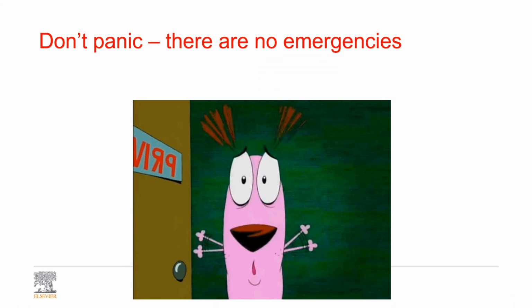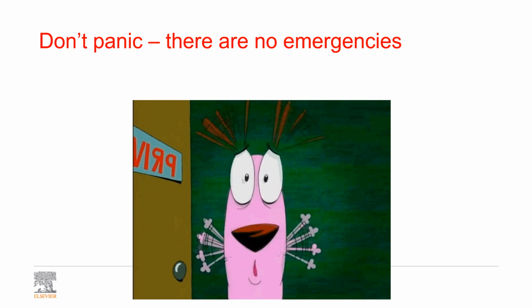My advice about academic editing, and I think that's generally what this is about, is don't panic at any stage in the process of being an academic editor. There are no emergencies in this. There's nothing that can't be fixed or undone, certainly before publication. Don't get into the habit of responding to other people's emergencies when they say, I have to have this paper for my thesis or for my promotion.